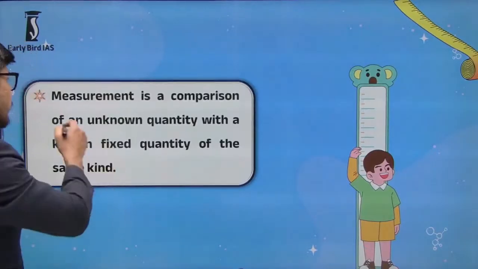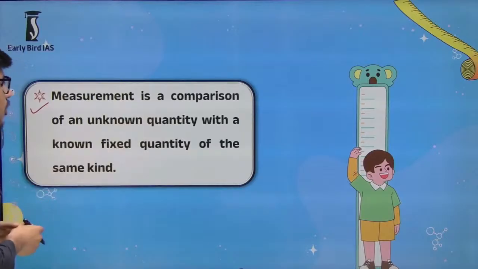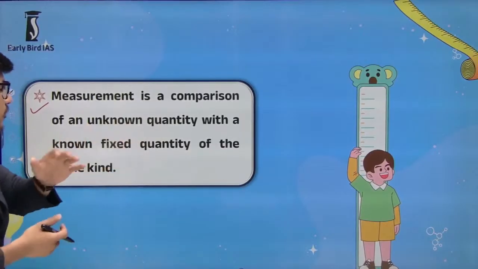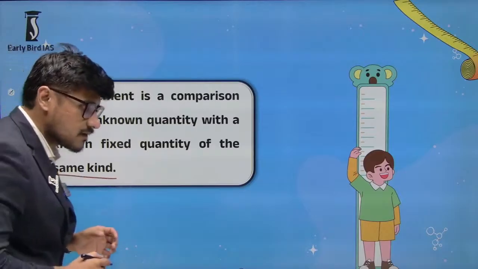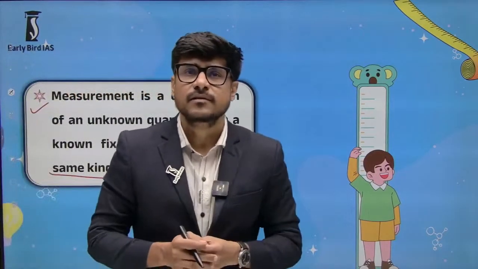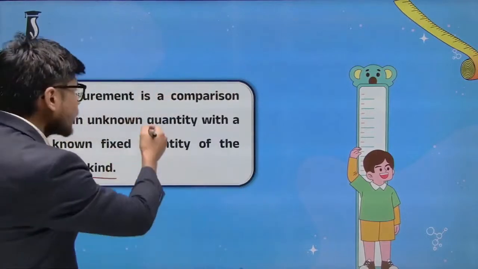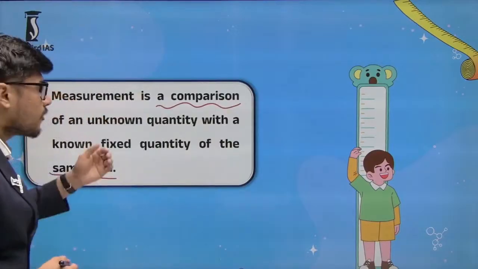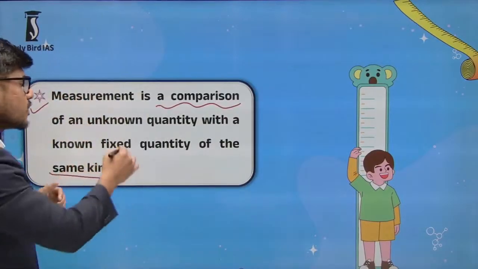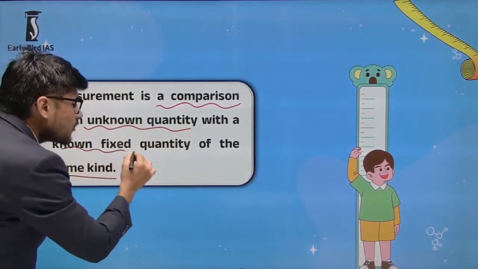So from this we can understand that measurement is a comparison of an unknown quantity with a known fixed quantity of the same kind. Are you getting the definition? Measurement is one kind of comparison, comparing an unknown quantity with a known fixed quantity.